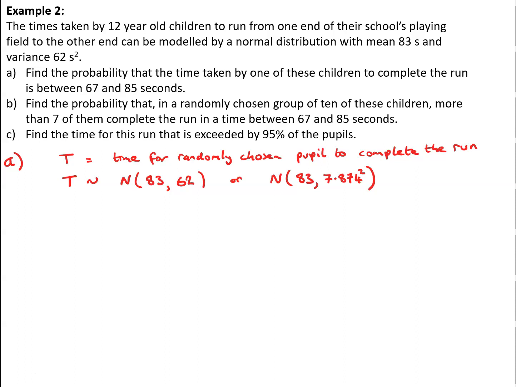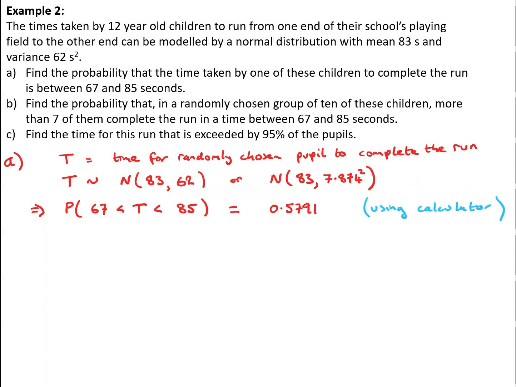So we can say instead that t is normally distributed with mean 83 and variance of 7.874 squared. So the probability that t lies between 67 and 85 is 0.5791. That's just using your probability calculator.